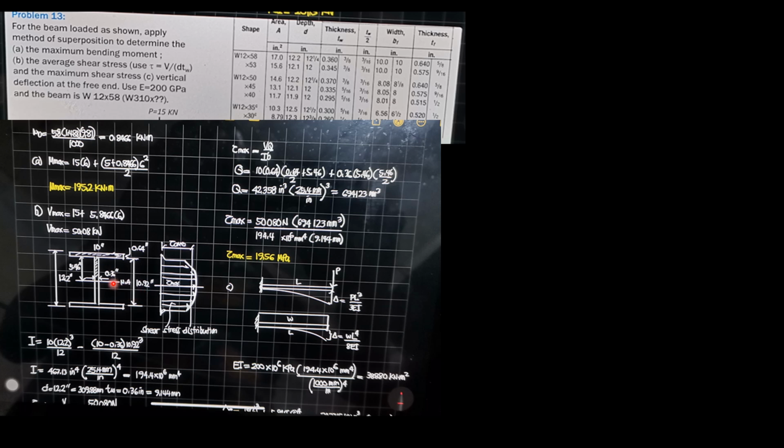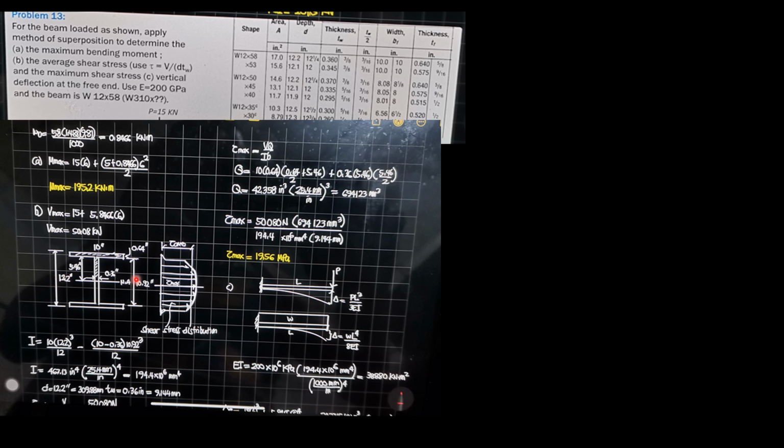The thickness of the web is equal to 0.36 inch, and half of the height of the web is 10.92 divided by 2, so 5.46 inches for the calculation of capital Q later. So the moment of inertia is, imagine, moment of inertia of the big rectangle minus moment of inertia of the smaller rectangle.